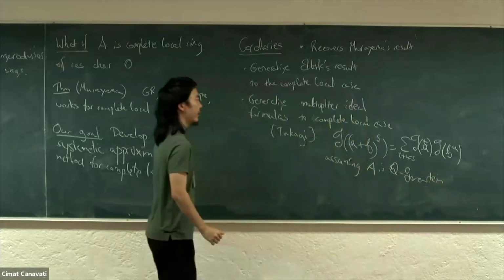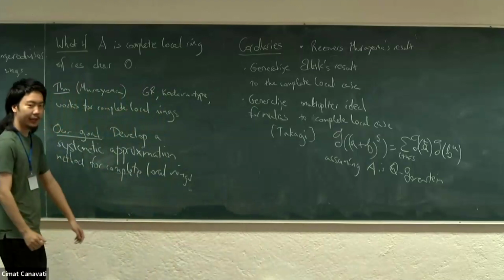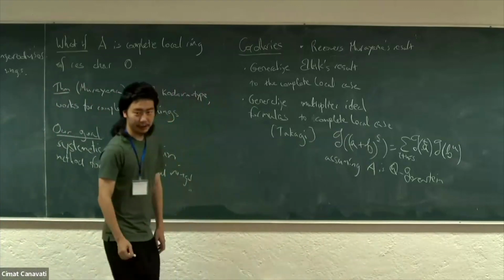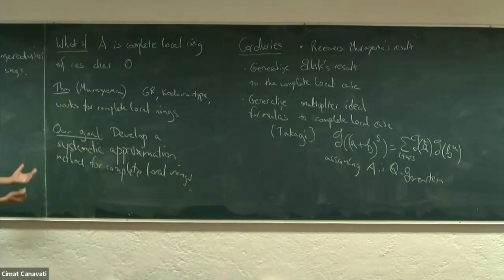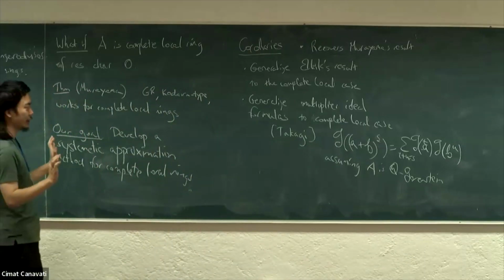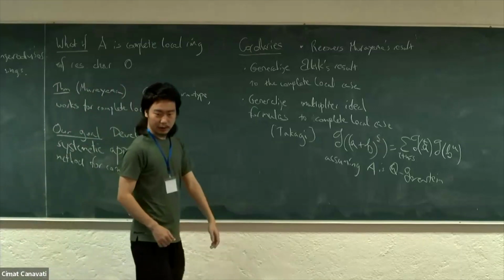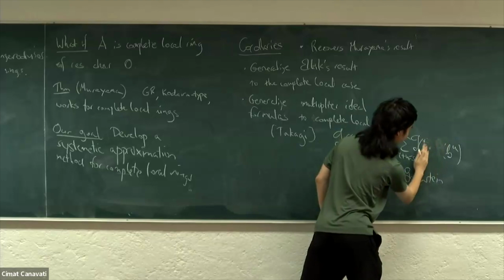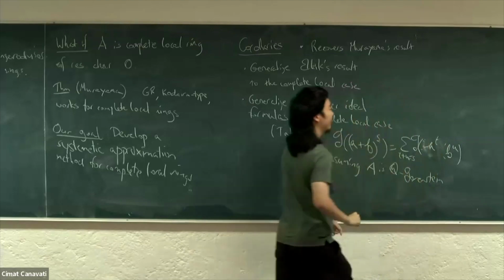Now the original proof uses reduction modulo p to characteristic p, and then uses test ideals. So that's only available when you have a field to work with. In a complete local case, you cannot reduce modulo p. So the right hand side is... Oh, no, this one, right? Yeah. I always confuse these two. Yeah. Okay.